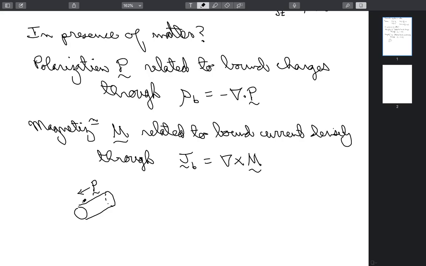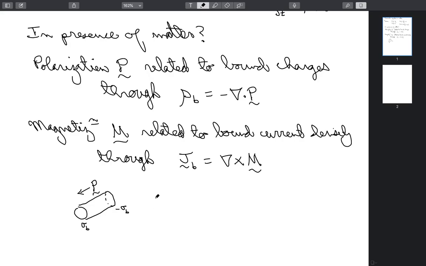So if I just look at this little piece of matter here, what it really means is that there's a certain surface bound charge density induced on this side and compensated by this minus surface bound charge density on the other side here. And as the polarization changes in time, there's a current which goes through this piece here, bringing the equivalent of the charge here through here.